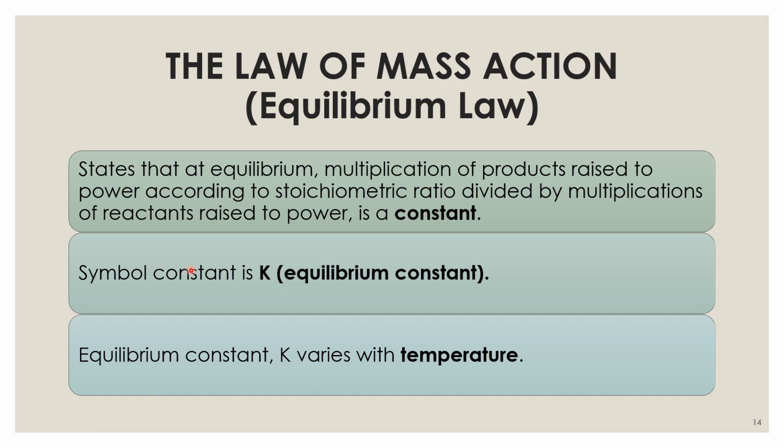So, the symbol for the constant is K, iaitu equilibrium constant. So, K ini kita panggil sebagai equilibrium constant. And equilibrium constant K varies with temperature. So, this is one of the important concepts yang you kena tahu. Okay, berbeza temperature, maka nilai equilibrium constant juga akan berbeza untuk same chemical reaction.